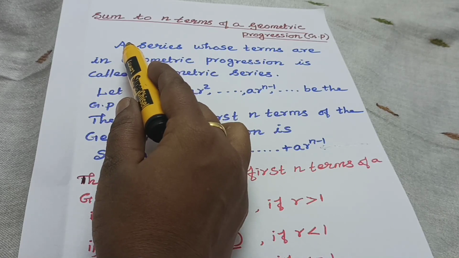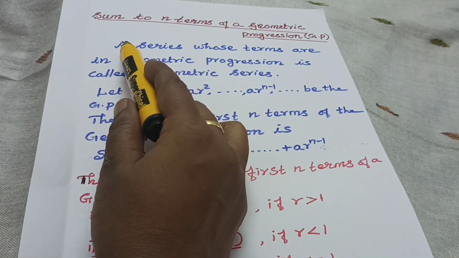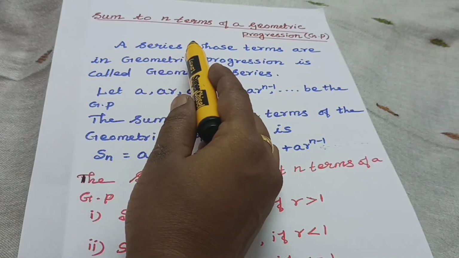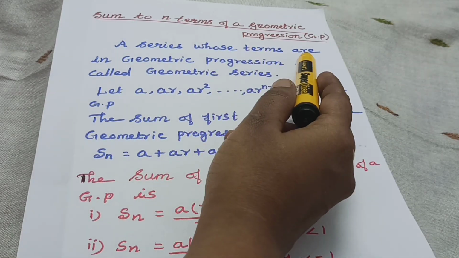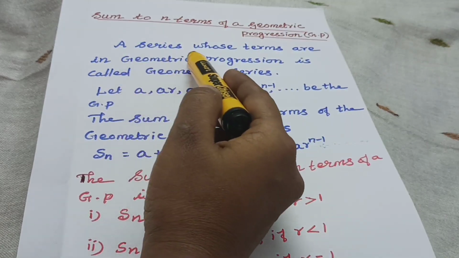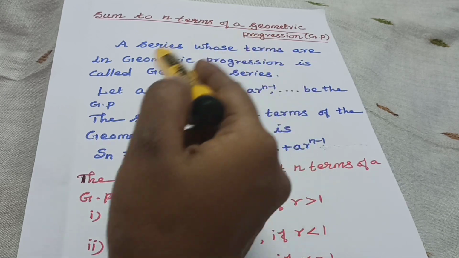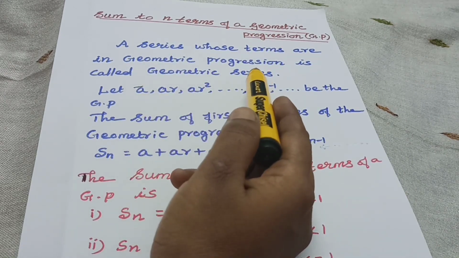Okay, that means what we can write? The sum of the terms of a sequence in geometric progression is called geometric series.